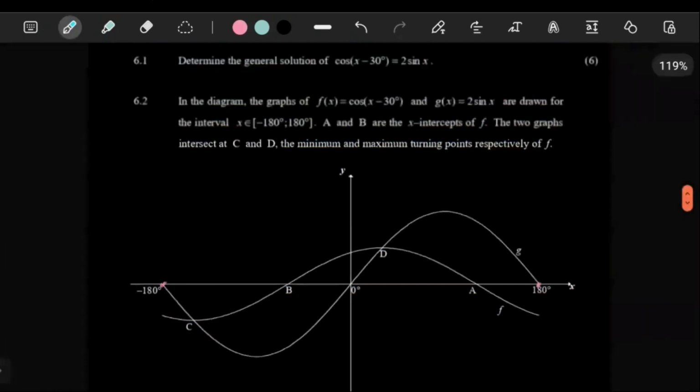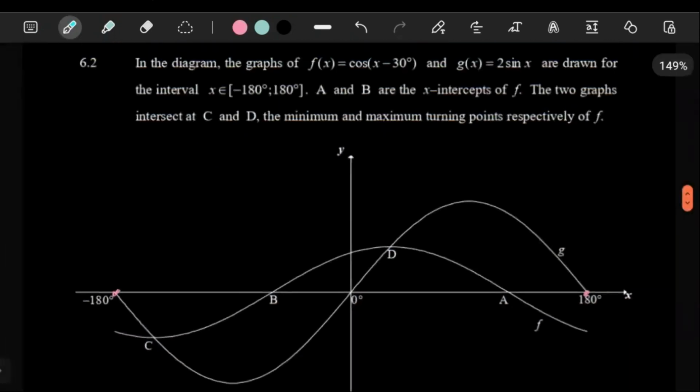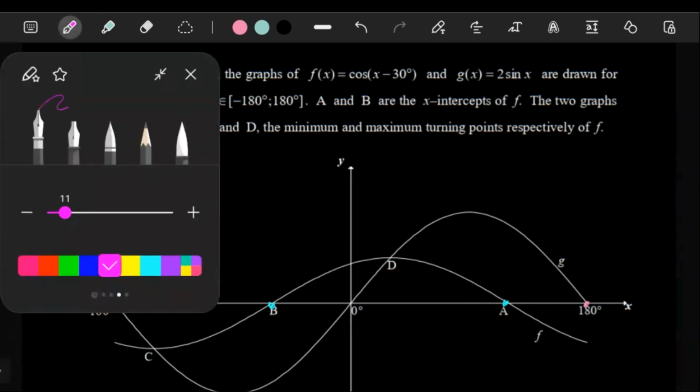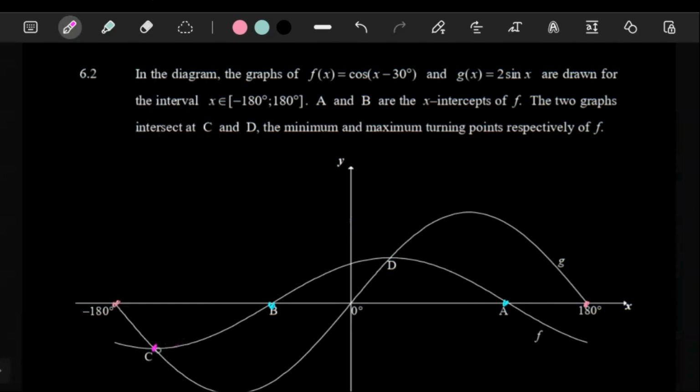But it says A and B are points on the axis, and then you have the two points on the x-axis of f. The two graphs intersect at C and D.